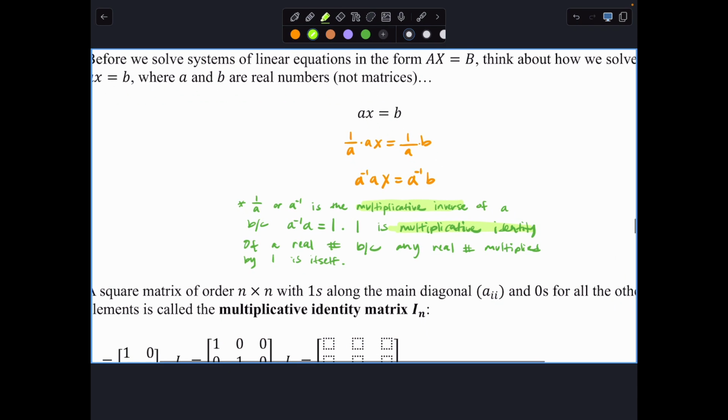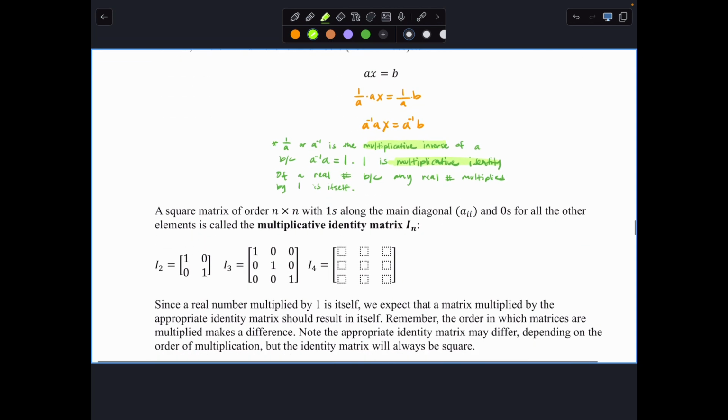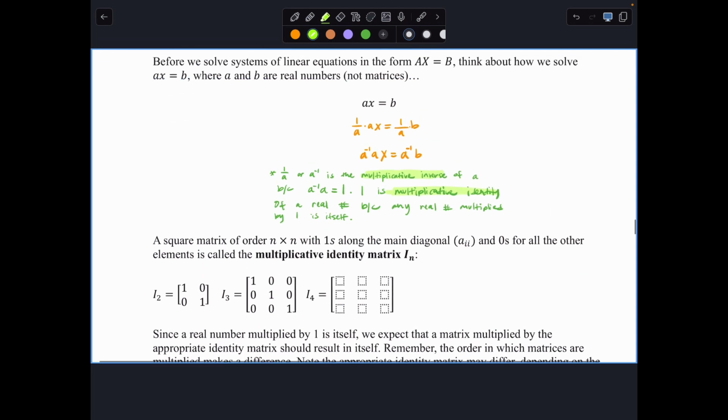So any m by n matrix has a multiplicative identity, or a multiplicative identity matrix, that is a square matrix. So it always has an order of n by n, like the same number of rows, same number of columns. And the dimensions or the order is determined by making the product work.